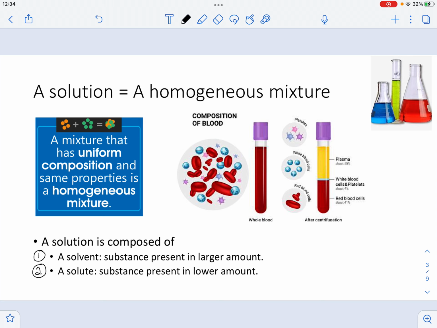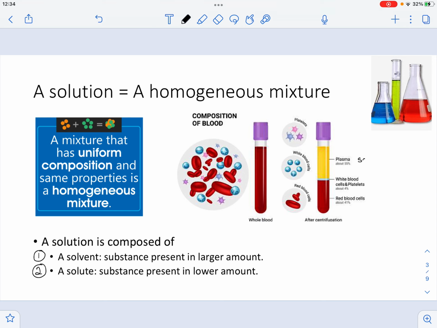If whole blood, which is a homogeneous mixture, undergoes a process of centrifugation, which just means that it's spun really fast, we can see that the components illustrate what percent on average each of them represents in our homogeneous mixture. We can observe that the majority of blood is plasma at about 55%.